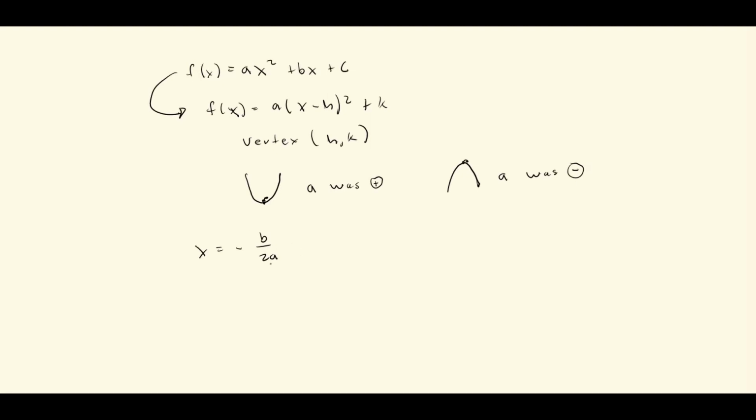But this is what we did in the past. This is kind of like the algebraic point of view. But when we start looking at the parabola as a conic section, we start looking at it from the geometric point of view. So from the geometric point of view, if we have a parabola, I'll just draw this one opening upward.